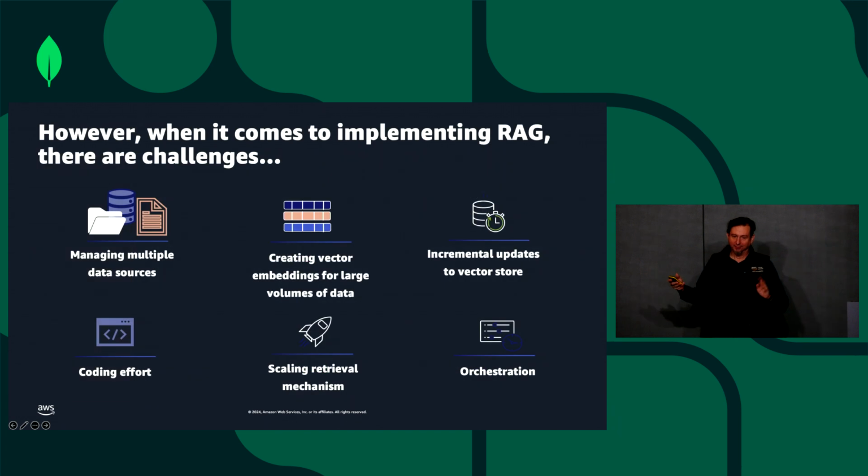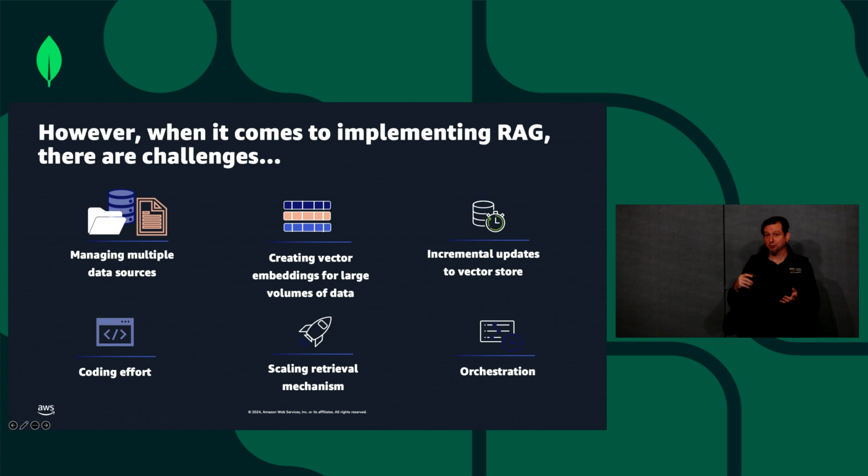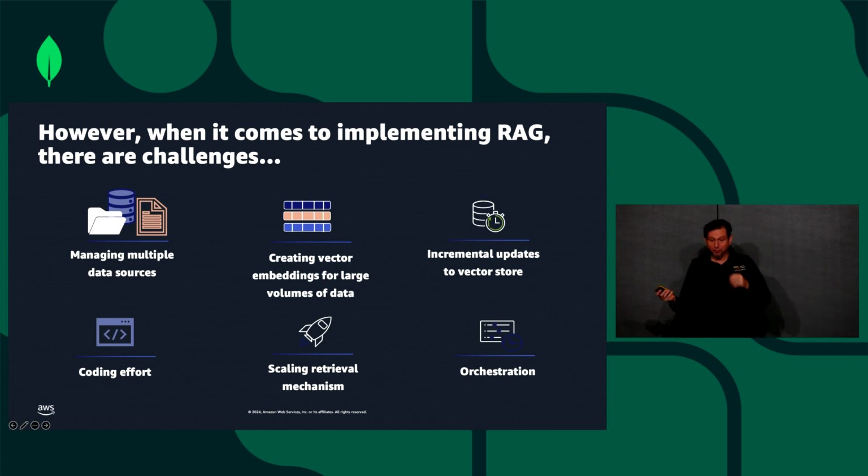Everybody knows RAG. Now, when you come to implementing RAG, there are challenges. You have to manage potentially multiple data sources and create embeddings for large volumes of data. Whenever changes are happening, you need to implement incremental updates. Otherwise, your semantic search will not provide the results that you want.